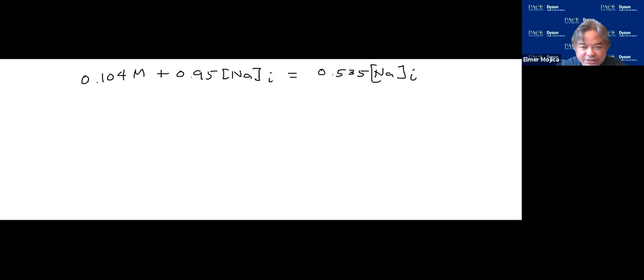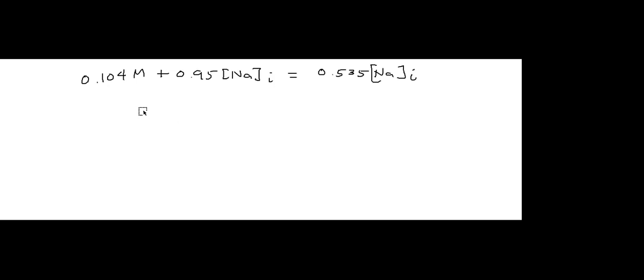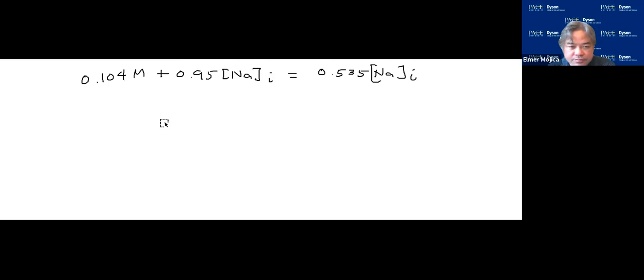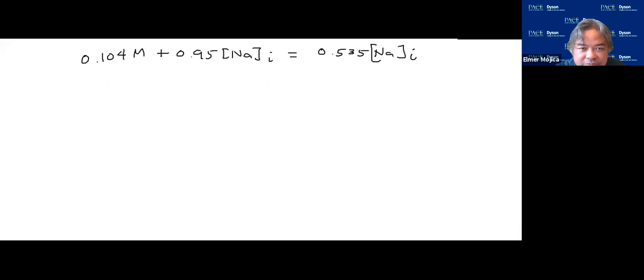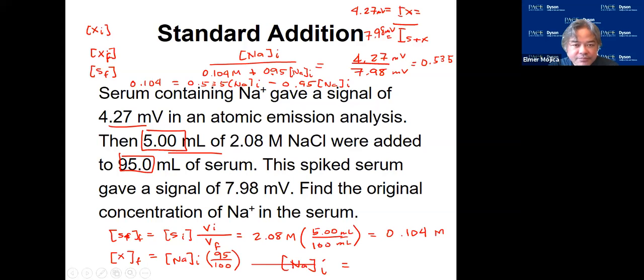So how do we rearrange this thing? We need to get the Na plus. So what is the Na plus that you get? Anyone? 0.535.